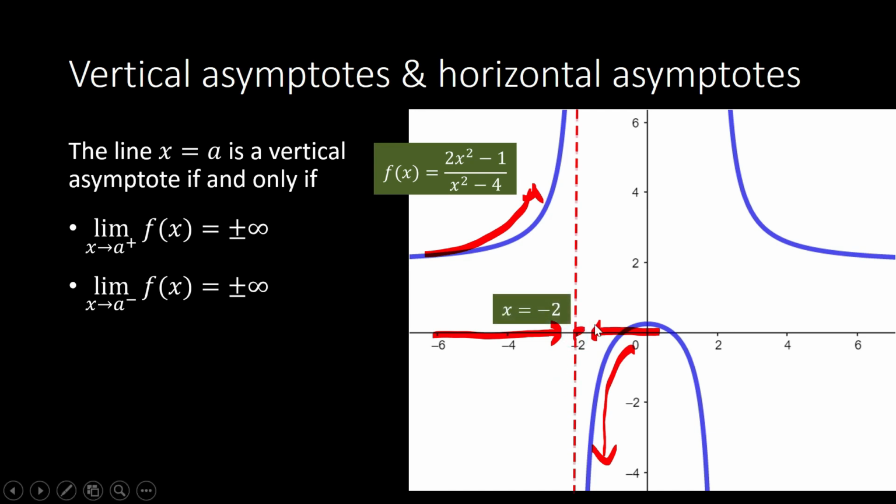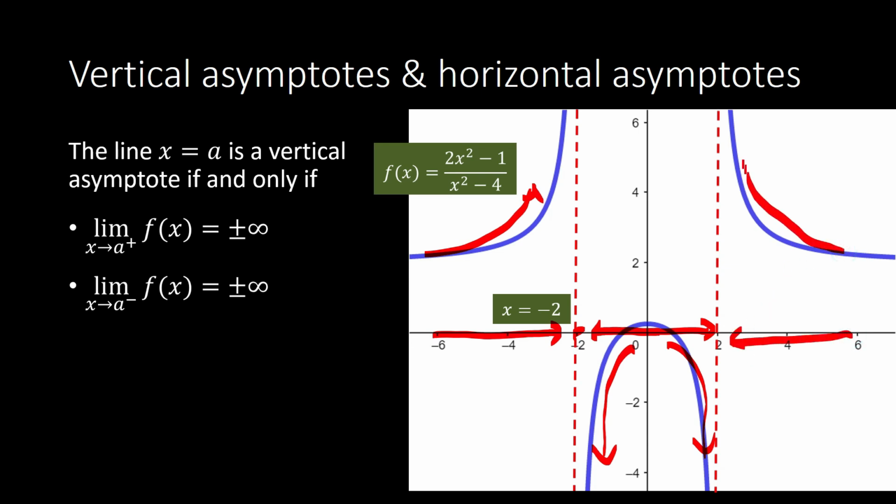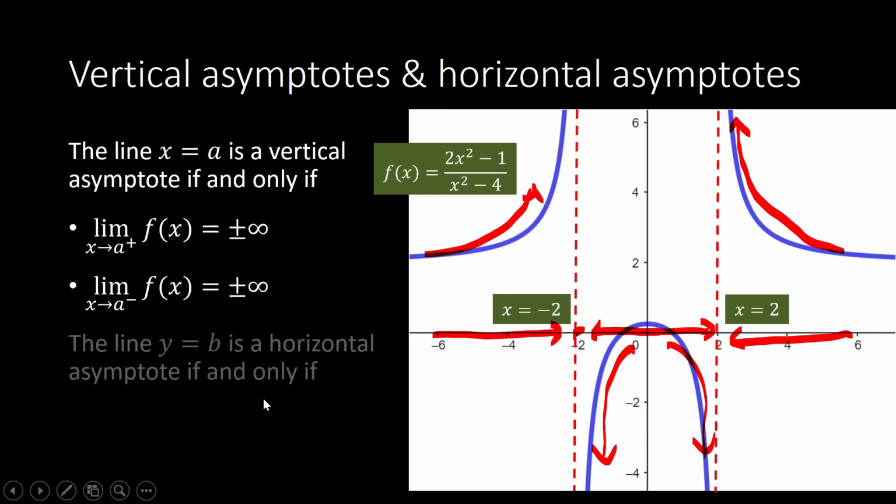And we have another vertical asymptote, the line x equal to 2. As x approaches 2 from the left, your function goes to negative infinity, or your function decreases without bound. When x approaches 2 from the right, your function increases without bound. So that is how we are defining the vertical asymptotes using limits.